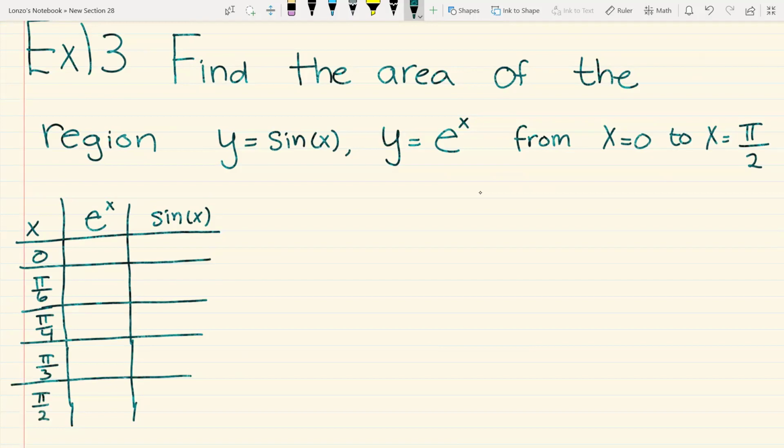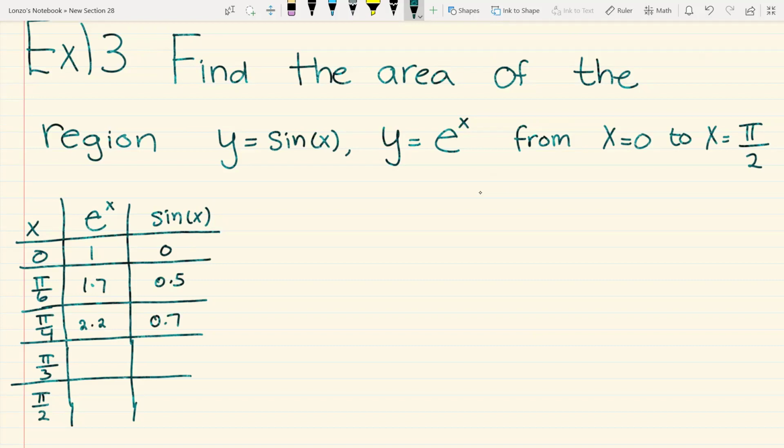Okay. And then I'm just going to plug it in. So let's plug in our x value 0. E to the 0 is 1. And then sin of 0 is 0. When you put e to the pi over 6 in the calculator, you get about 1.7. And then sine of pi over 6 is exactly 1/2 or 0.5. Pi 4th is 2.2. Sine of pi over 4 is 0.7.